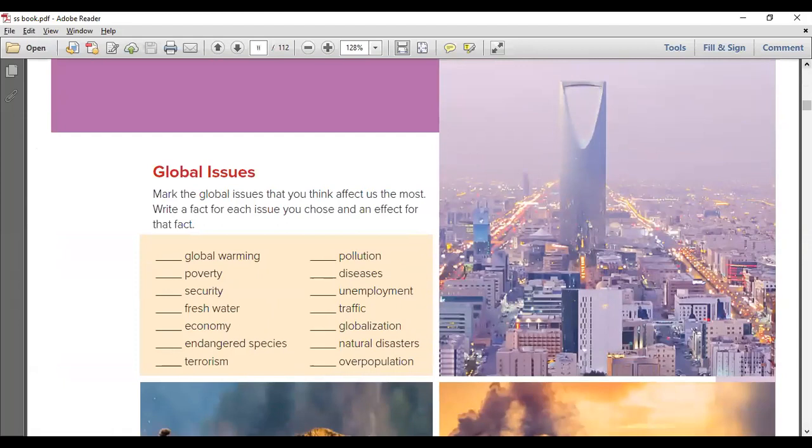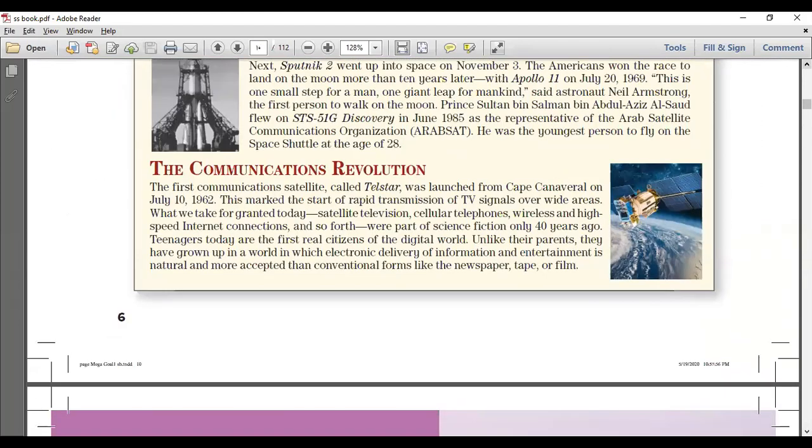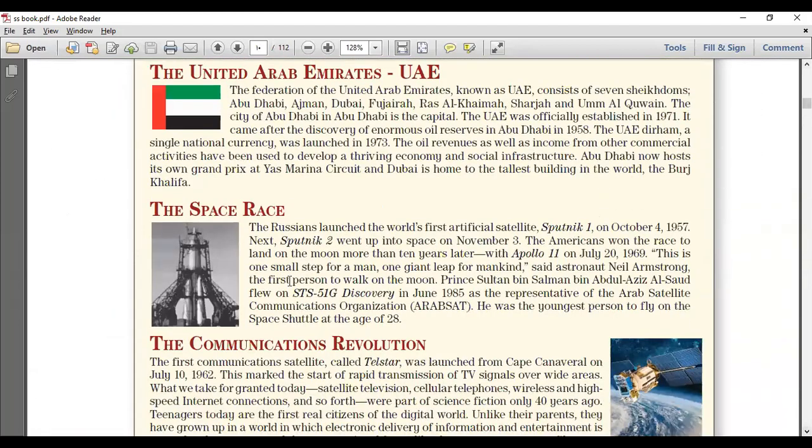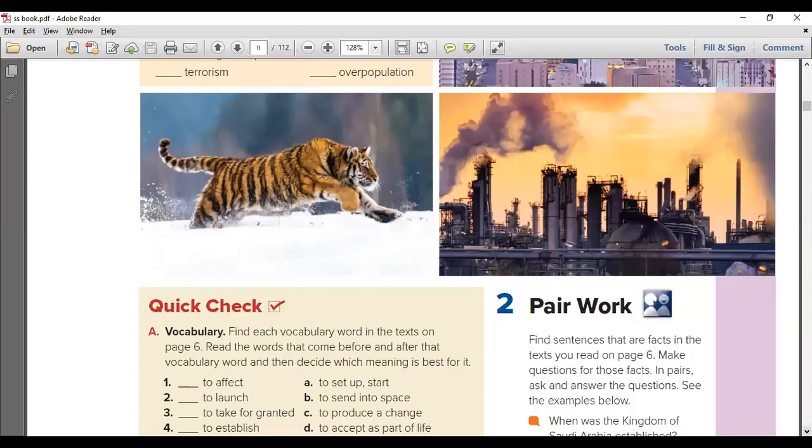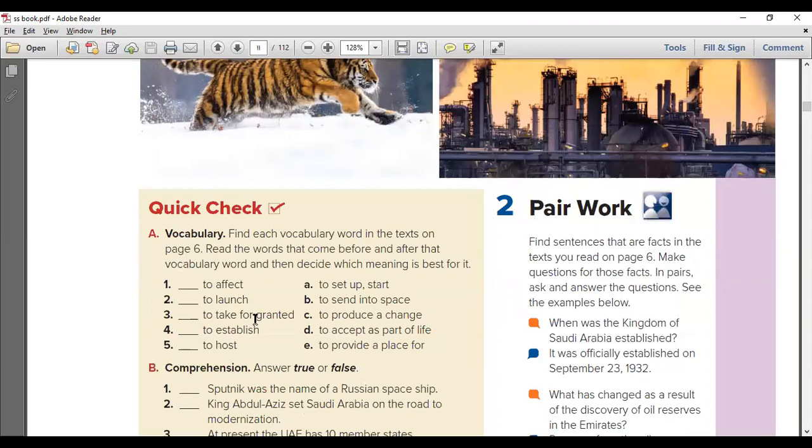Like for example, here I have a reading. It's not with me. I don't have to study it specifically, but I have a quick check, which is the vocabulary here. How it's going to be in the exam. I'm not going to tell you what is the meaning of affect, and you have to tell me the meaning here. No. You have to understand the vocabulary, and then in the exam, I'm going to give you a sentence outside the book.